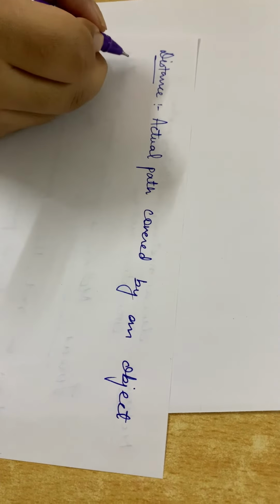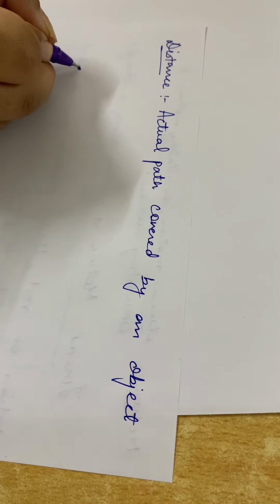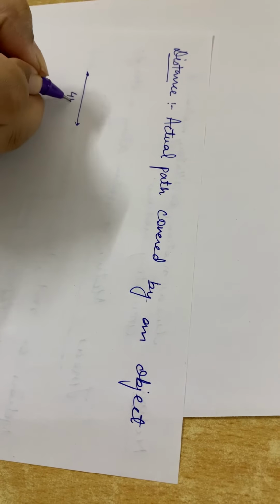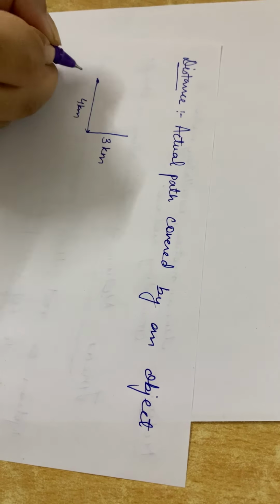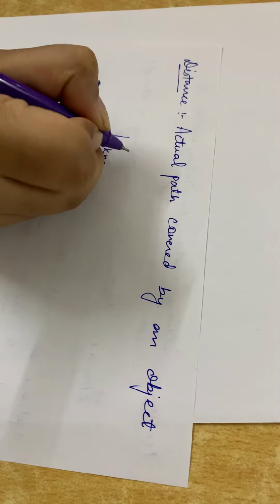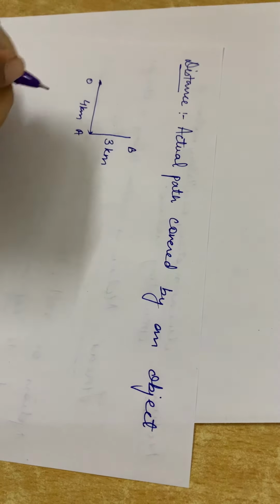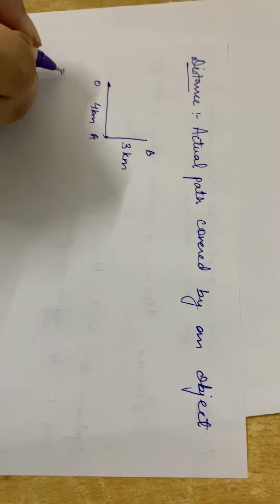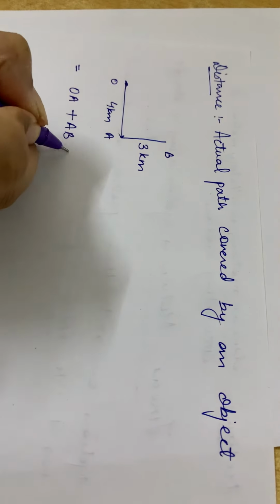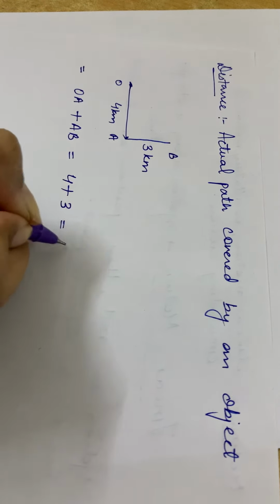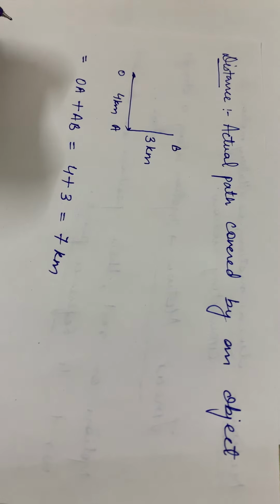Let us take one more example. Suppose a person is standing here and he has covered 4 kilometer from here and then 3 kilometer here. I name its positions as O, A, B. So how much distance has he covered? That is O to A plus A to B, that is 4 plus 3 equals 7 kilometer.